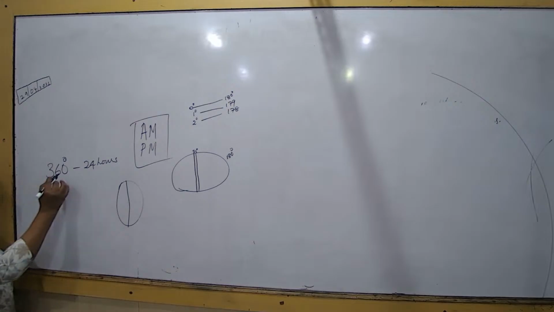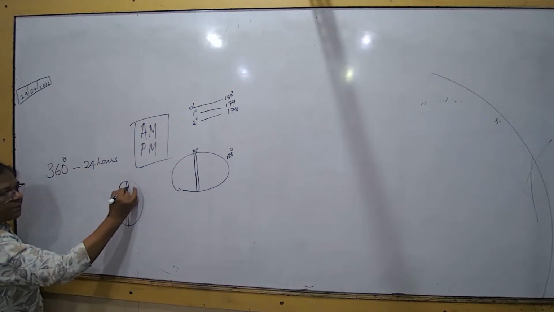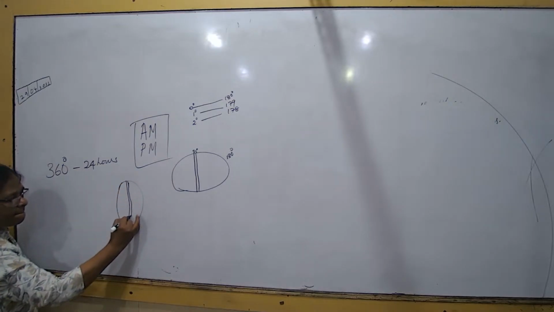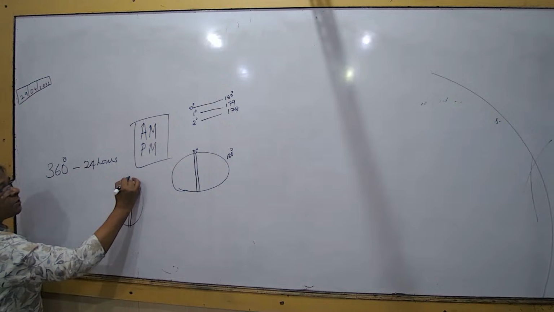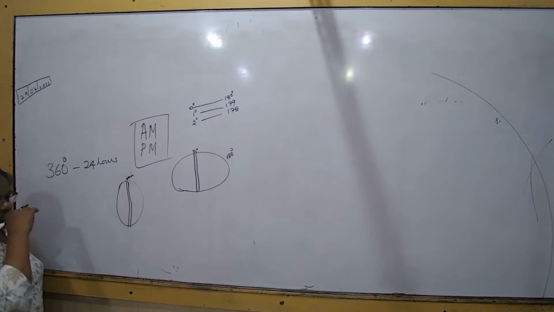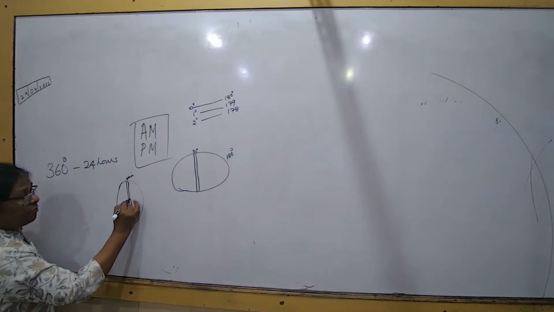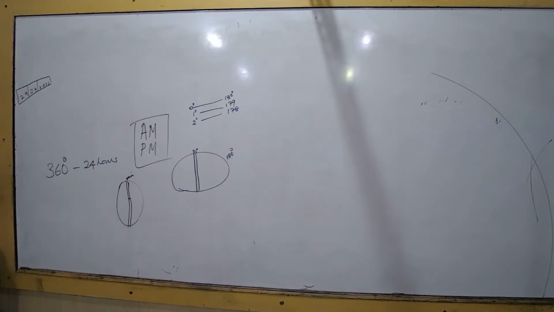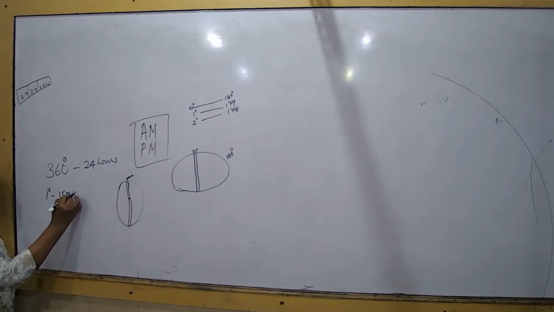So from one line to the next line, it takes 4 minutes. Sorry, 1 degree takes 4 minutes. 1 degree means 1 line, and 1 line takes 4 minutes.